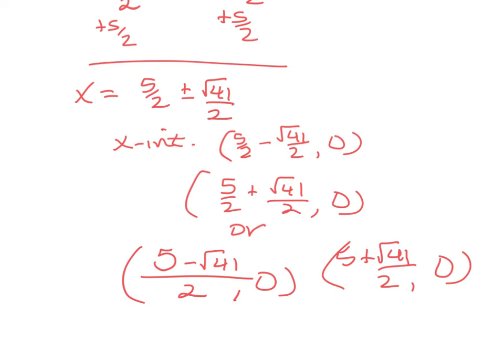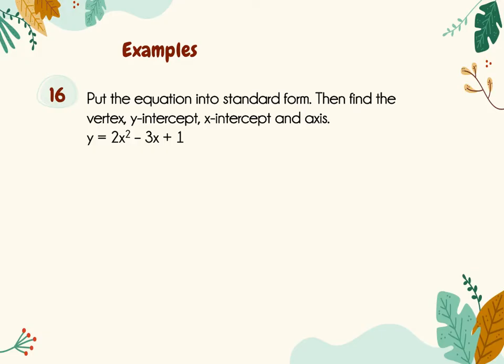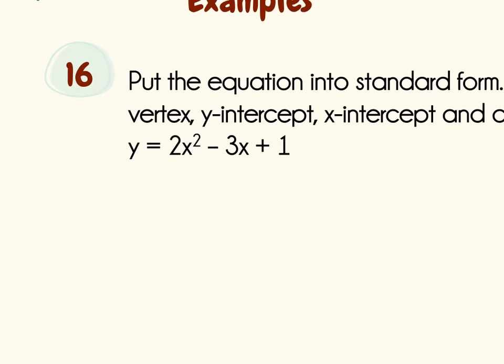Let's try another example. This time we have an a that's greater than 1, so we need to divide only the variables by 2. When I divide by 2, I'm left with x squared minus 3 over 2x, leave a blank space, plus 1.